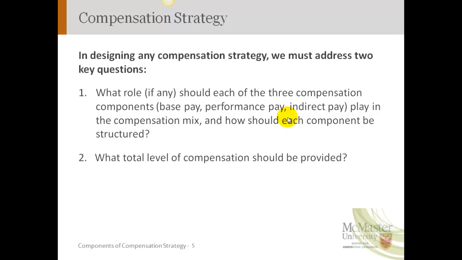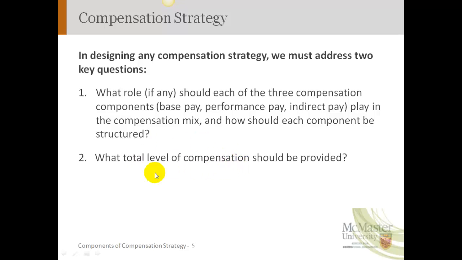Because don't forget, at the heart of it, we said in the first three chapters all the way through so far, a compensation system has to be motivating, right? So we need to make sure it's motivating not just for the employees, but it's also cost effective, so we know what total level of compensation should be provided, and it's going to help the organization achieve its outcomes.